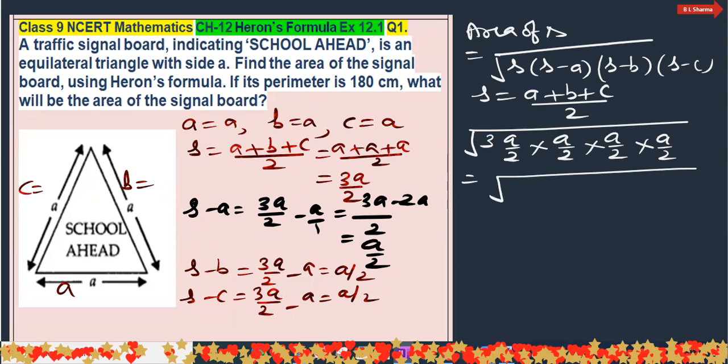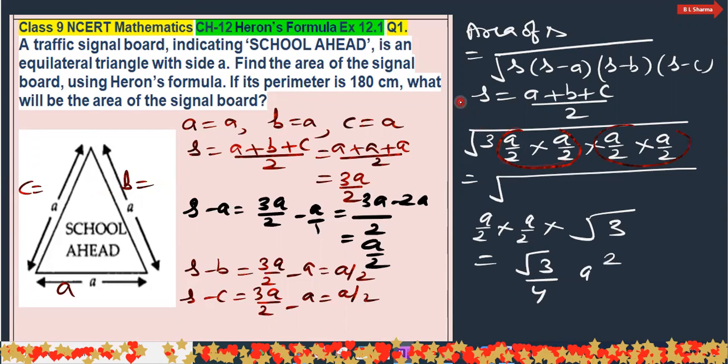Now, you will see here that a by 2 is having a pair. यहाँ पे देखिए इसका एक pair है. a upon 2 is also having a pair. So we can take the pair outside. So a by 2 into a by 2. But this 3 is not having any pair. So we can write 3 here. So further we can write root 3 upon 4 into a square, or we can write root 3 upon 4 into side square.